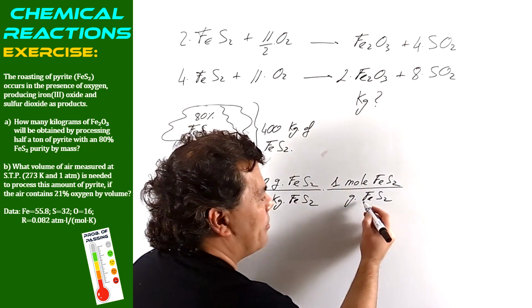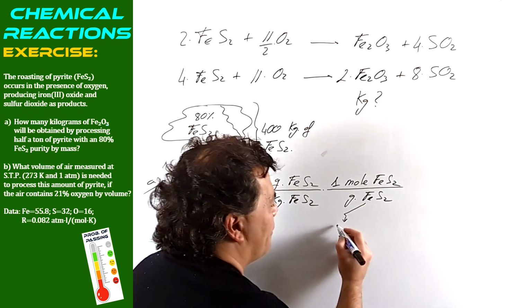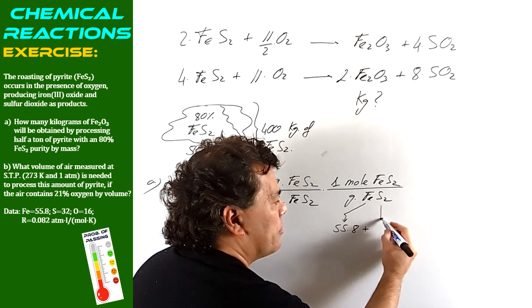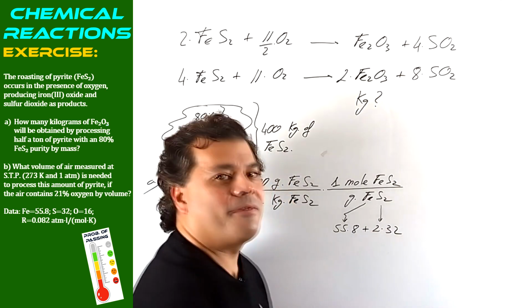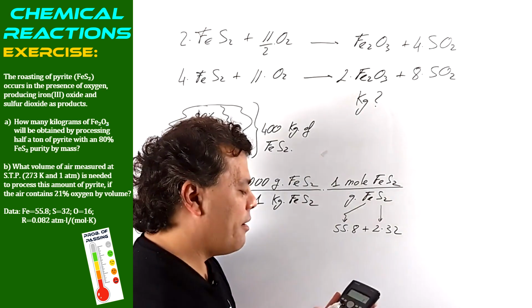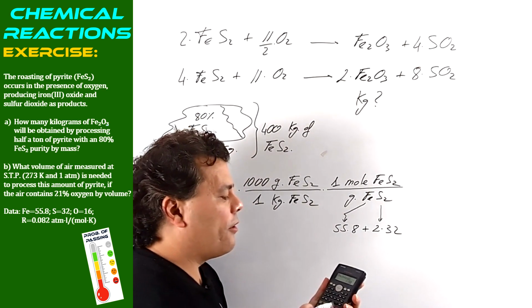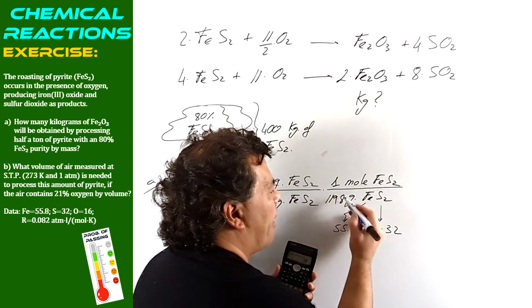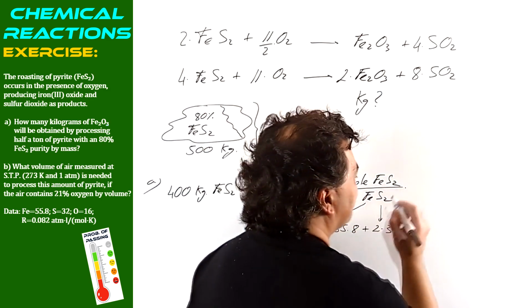And now it's time to add the atomic masses. You know, iron 55.8 plus 2 sulfur atoms, that is 2 times 32. We are using our calculator, and 55.8 plus 2 times 34. This is 119.8 grams of this substance, okay, pyrite.